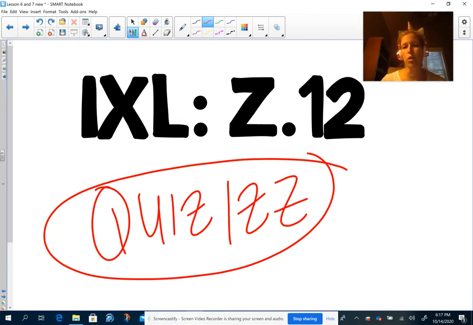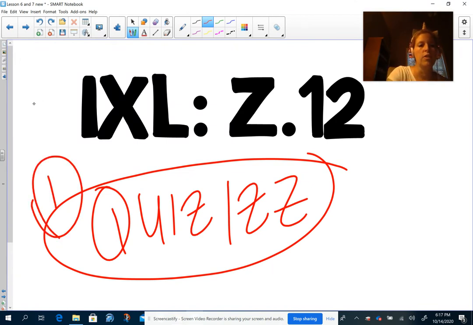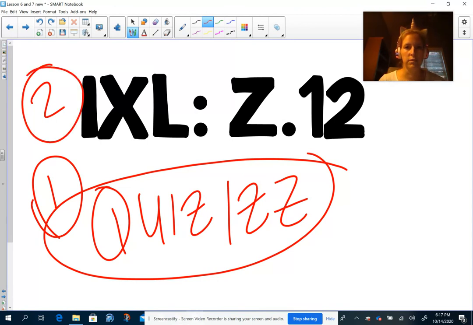And I have a few word problems in there that I think you're going to be fine with, okay? When you are done with quizzes, then go to practice. I'm working you backwards, okay? So quizzes first, then IXL. Got it? Okay. I think this will be plenty for today.